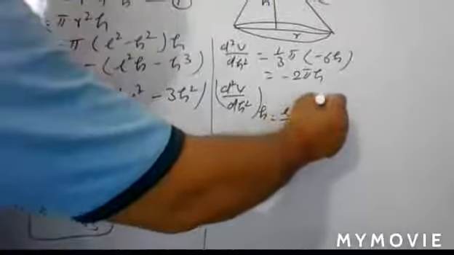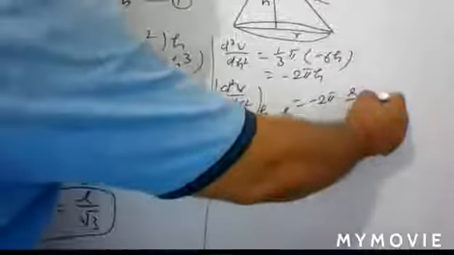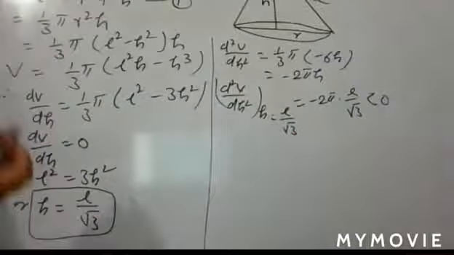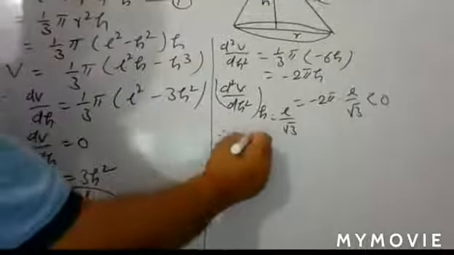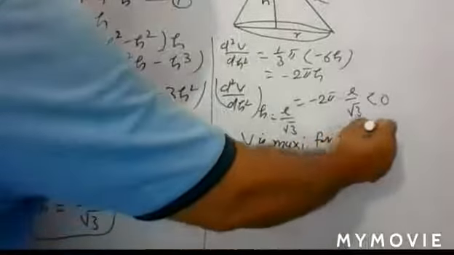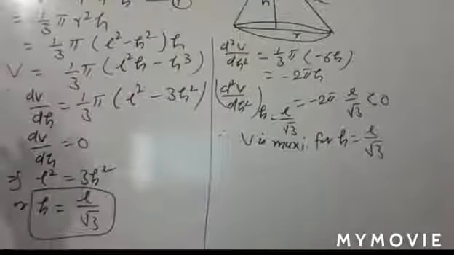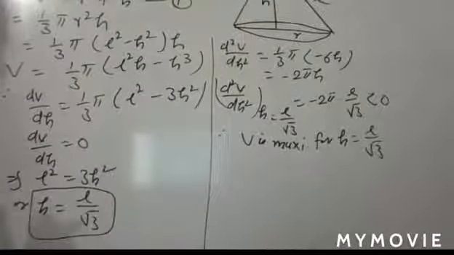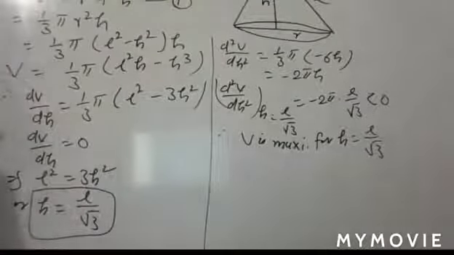So here you have minus 2 pi into L by root 3, which is less than 0. So its second derivative is negative. So V is maximum for H is equal to L by root 3. So here you prove your first part: for that value of H, volume becomes maximum.